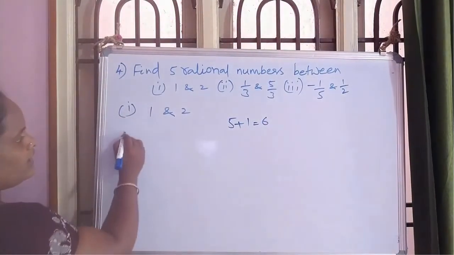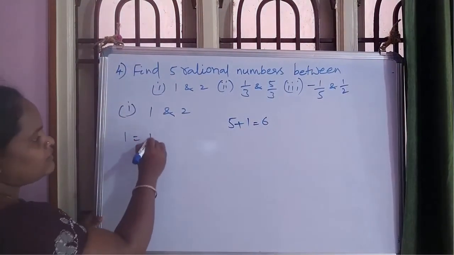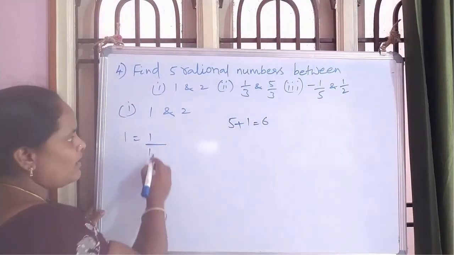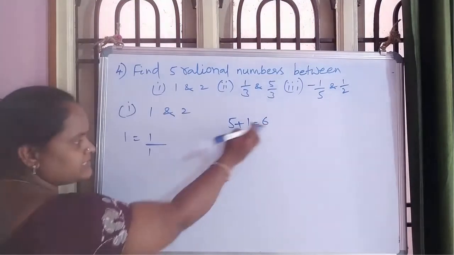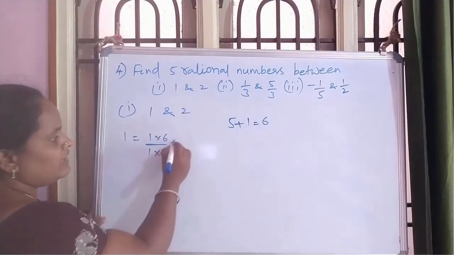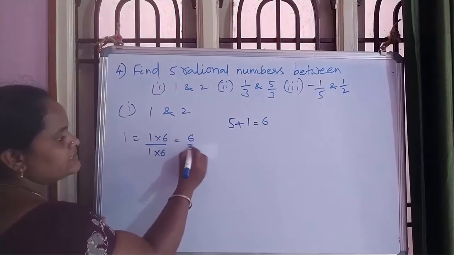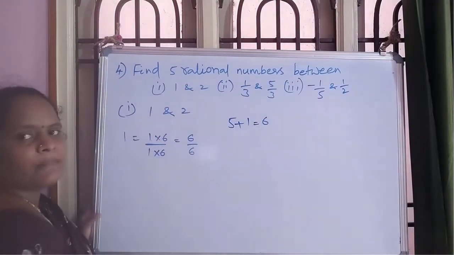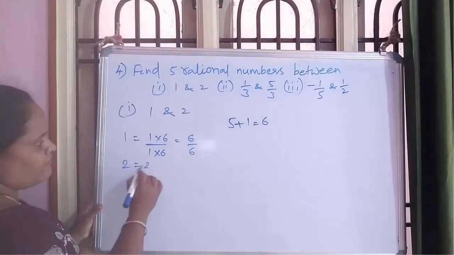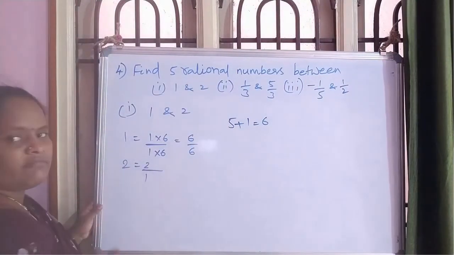Now 1 can be written as 1 by 1. Now I am multiplying with 6 in the denominator as well as in the numerator. 1 into 6 is 6, 1 into 6 is 6, so 6 by 6. 2 can be written as 2 by 1.